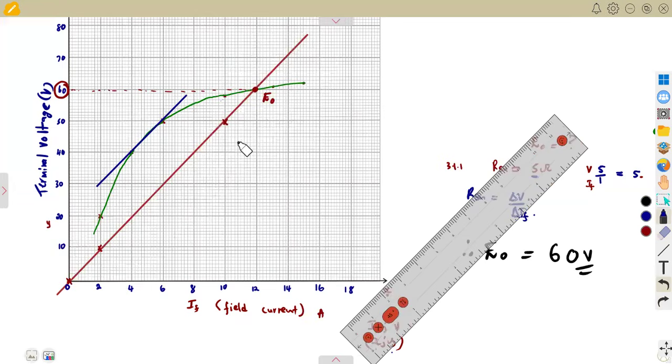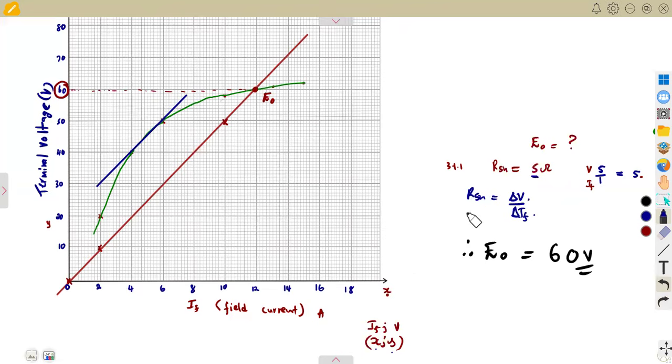This is also part of the smoothness of your graph, because if you draw something like this, or maybe like this, it is going to be difficult to have a tangent, because it will end up entering the other part of the graph. That is why I was saying, let your graph be smooth.